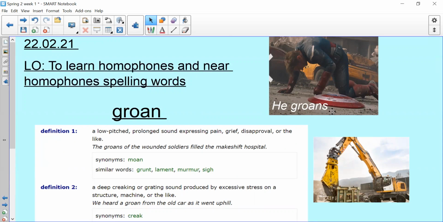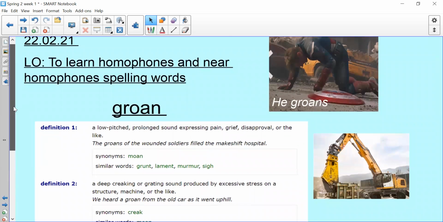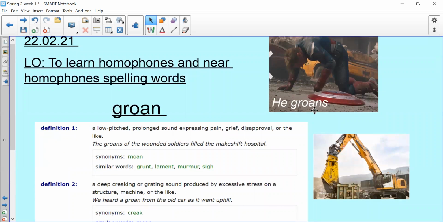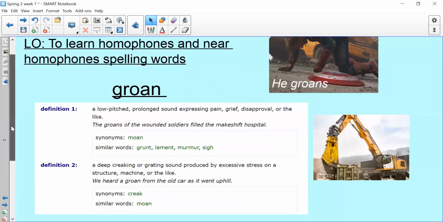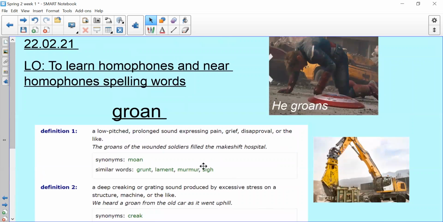And it always says in the subtitles, he groans, you know, when they get injured or they're tired. Okay. So that's if a person or a human is making the sound. And then inanimate objects can groan as well. They can make a deep creaking or grating sound produced by excessive stress on a structure, machine, or the like. So you could say the crane groaned as it lifted the heavy weight. Okay, so it's that same kind of low sound.